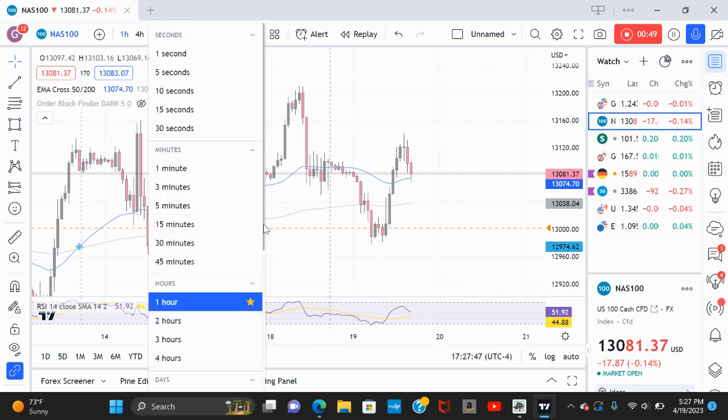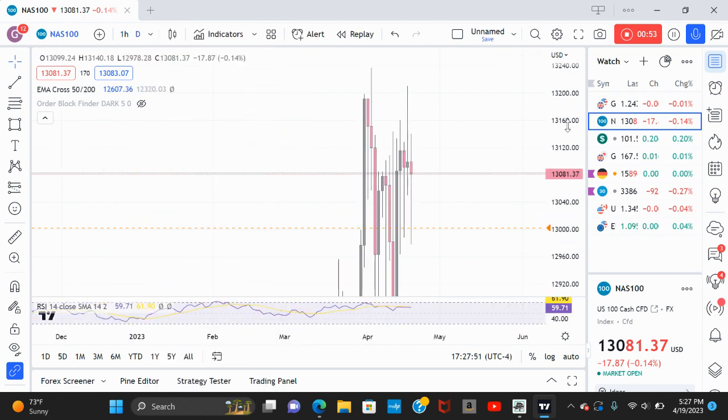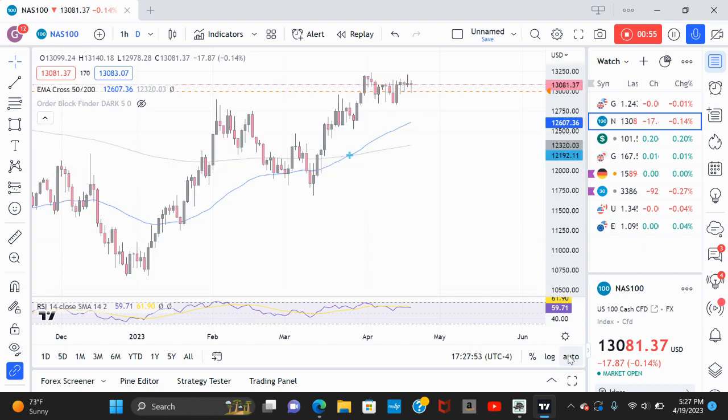So going to the daily, NAS 100 is in an uptrend. And that's identified by seeing the water, or the 50 EMA. Price is above the 50 EMA. So simply put, that's how you can tell it's in an uptrend. You can clearly see that the price is going up.